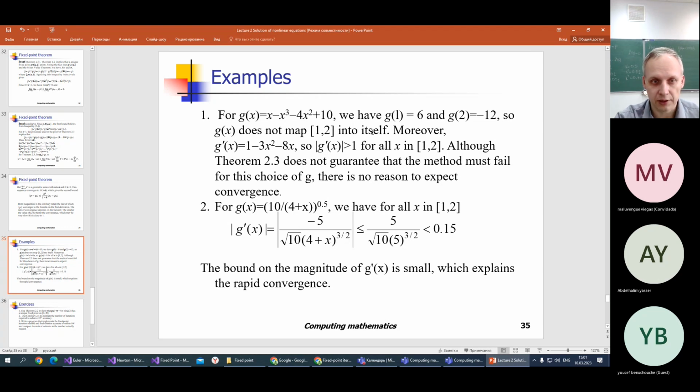Let's consider another function. For example, g of x equals the square root of 10 over 4 plus x.